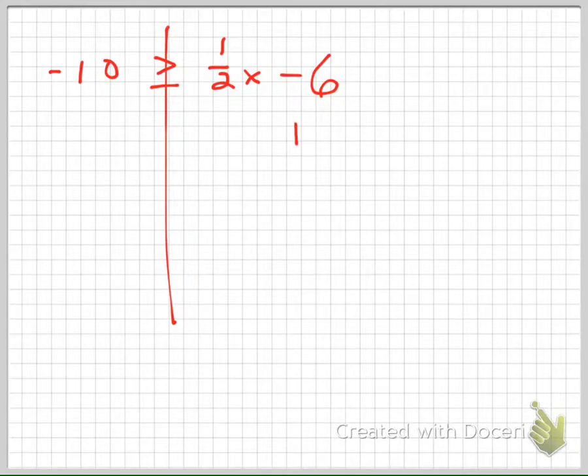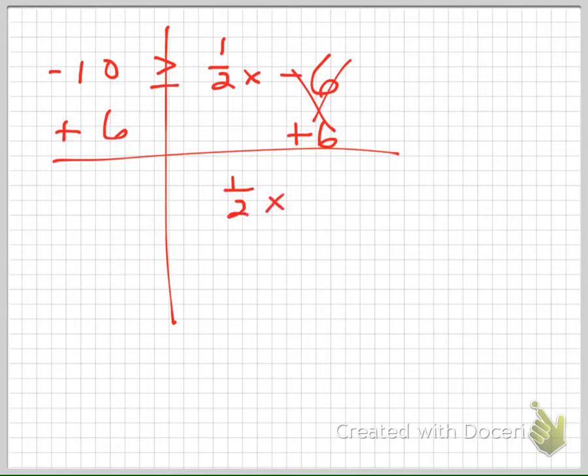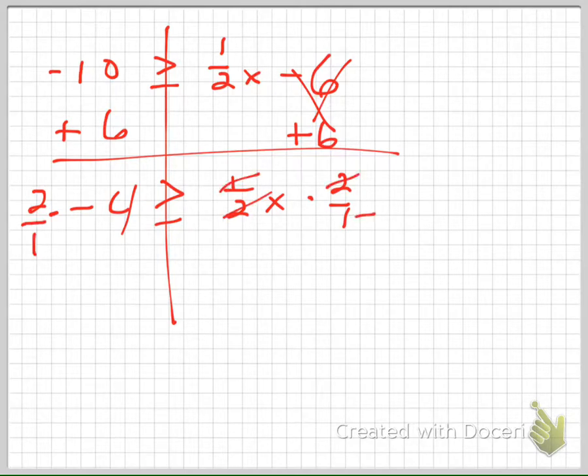Plus 6, plus 6. 1/2 x is less than or equal to negative 4, right? Then I have 1/2 x. What do I do to get rid of that 1/2? I could divide by 1/2, which is the same thing as multiplying by 2/1. Multiply by 2/1, right? That gets rid of the 2's and the 1's. That just leaves me with x over here.